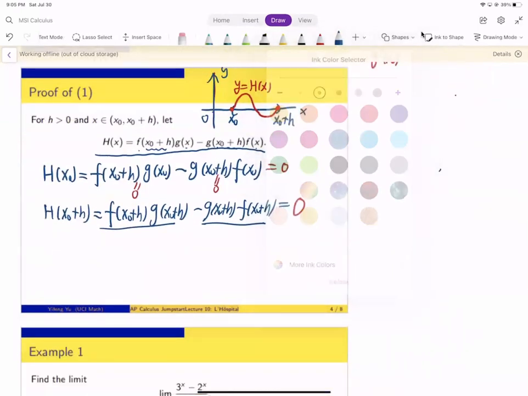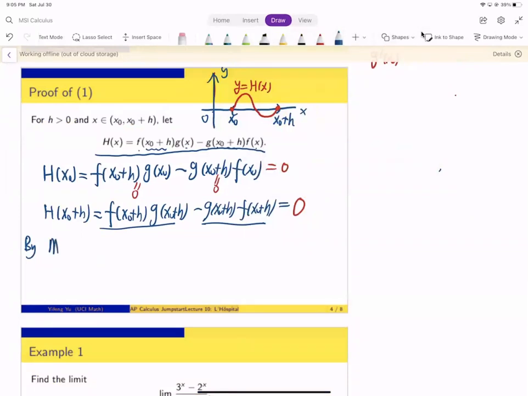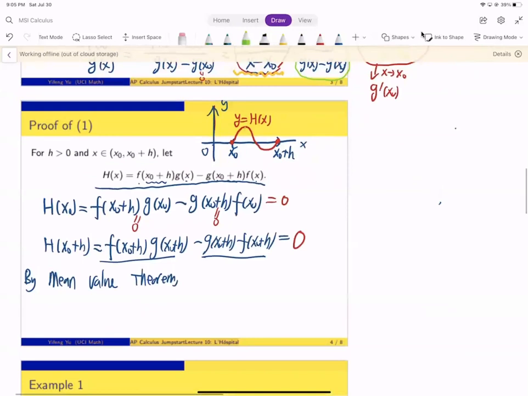By the mean value theorem, if these two endpoints are the same, which is a special case of the mean value theorem, then there is a point, call it c, where the derivative is 0.